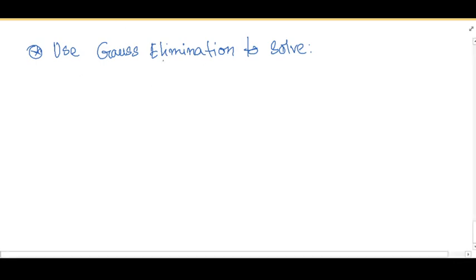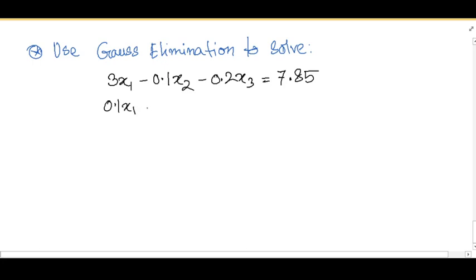So use Gauss elimination to solve 3x1 minus 0.1 x2 minus 0.2 x3 equals 7.85. Then 0.1 x1 plus 7x2 minus 0.3 x3 equals minus 19.3.